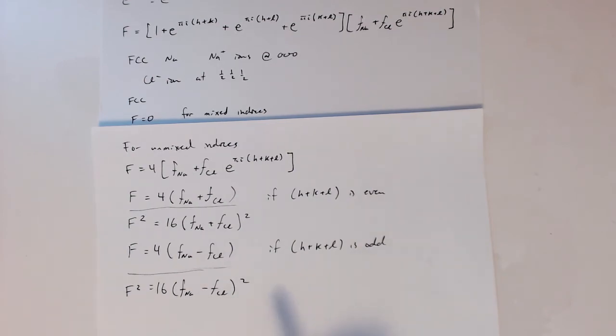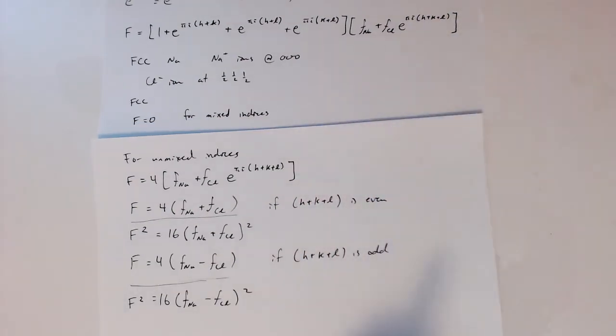So again, the reason we talked about Bravais lattices was to realize that this rock salt structure has an FCC Bravais lattice, but it also has 8 ions per unit cell as opposed to 4.